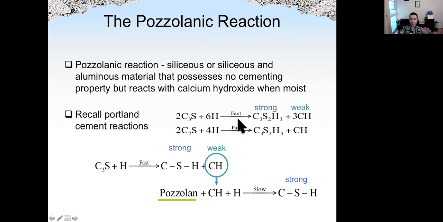So the reaction between water and C2S and C3S will generate CSH, which is strong and durable, and also calcium hydroxide, CH. Calcium hydroxide is weaker compared to CSH. It is also soluble in water, which means when we put concrete in water, calcium hydroxide may be dissolved, which is not good.